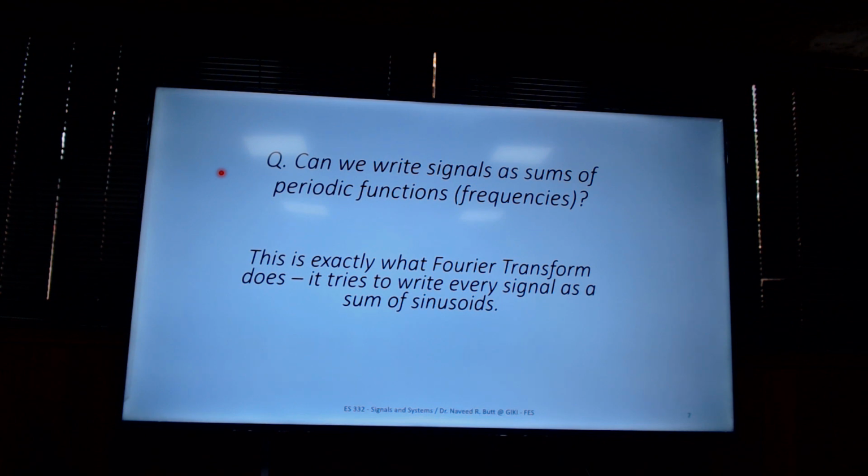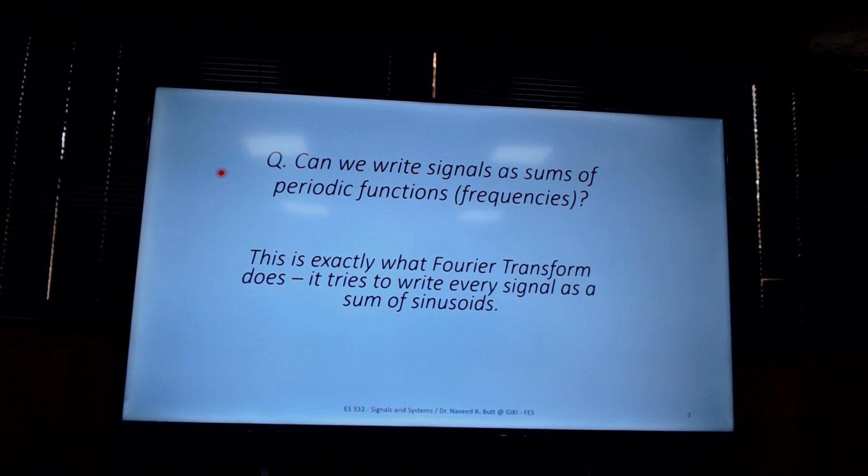In Laplace they are periodic in the sense that they are repeating, but yes, there is decay. In Fourier they are exactly periodic, because they are neither decaying nor growing. Whatever value you get here, you get here, and here, the same value keeps repeating. So they are purely periodic functions. That is the question Fourier answers.